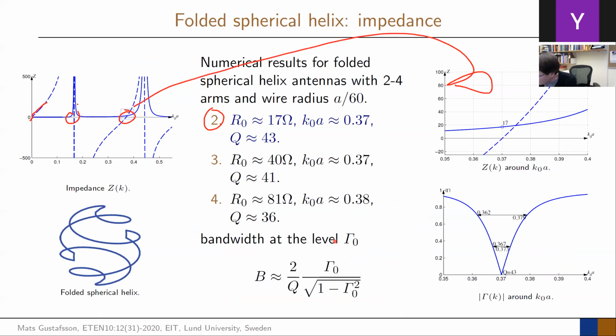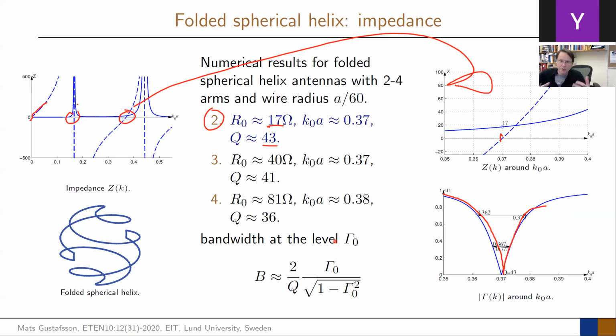So here you can see that the resonance is at 0.37, and now it is in the scale ka. So that's where it's resonant. And now in these cases, it's matched to its own radiation resistance, and you can see the width of that one there. And if you do that for these cases, you will get a Q of 43 for these ones. And you got the radiation resistance here of 17 ohm. That's what you had in that one.